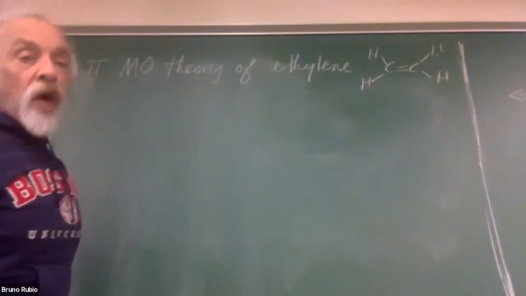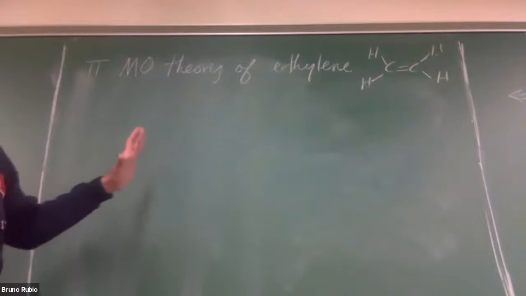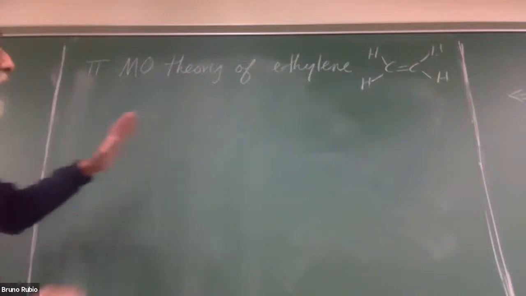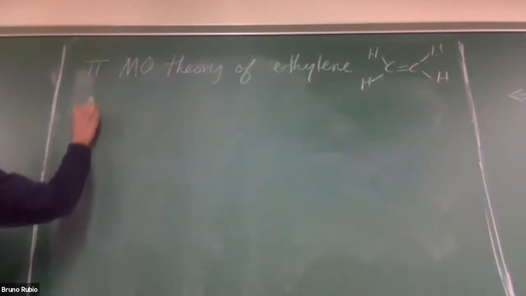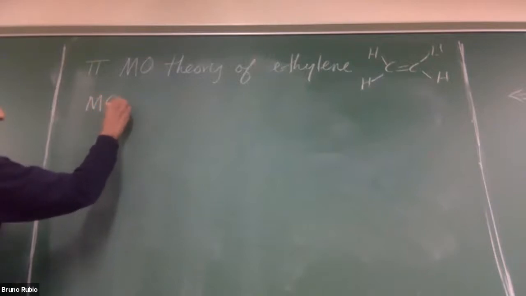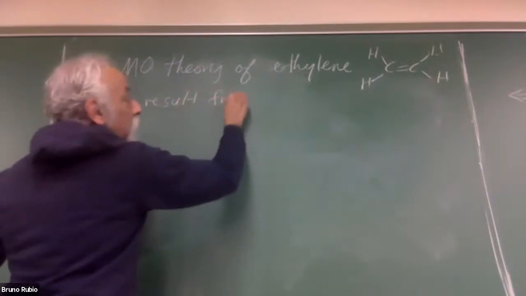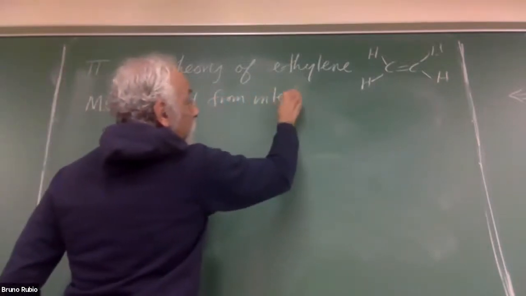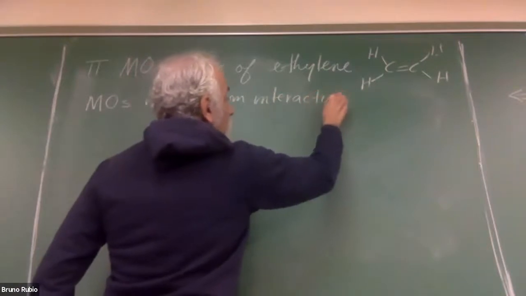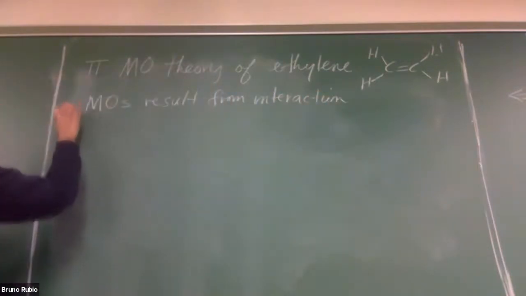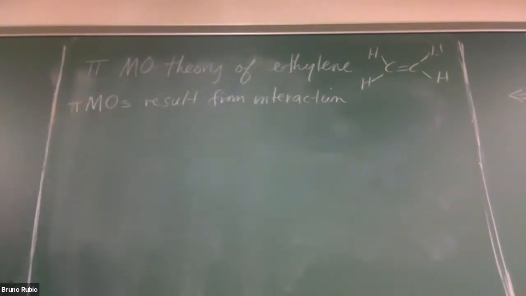Okay, first of all, we have to recognize how many MOs, the molecular orbitals, result from interaction. I'm going to call this the pi molecular orbitals because we're not talking about the sigma molecular orbitals.